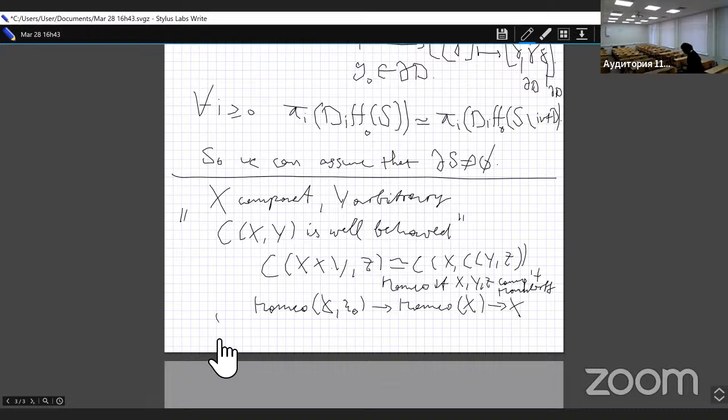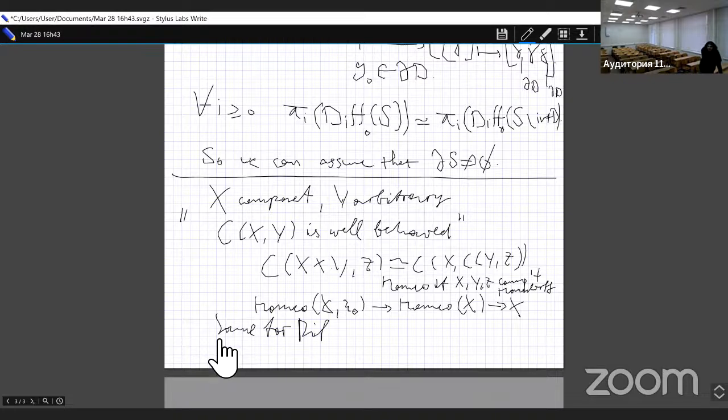The same happens in the smooth category, and there's just one reasonable topology for spaces of smooth maps if the source is compact. If the source isn't compact, then there are several.